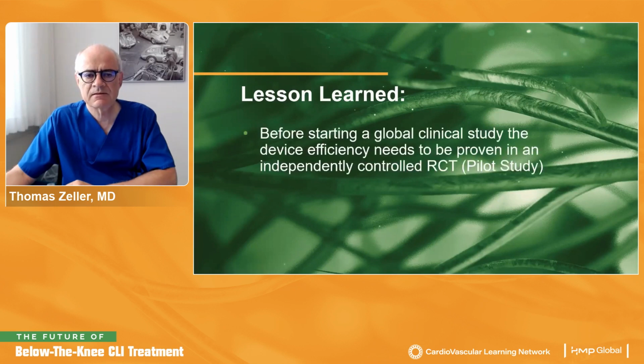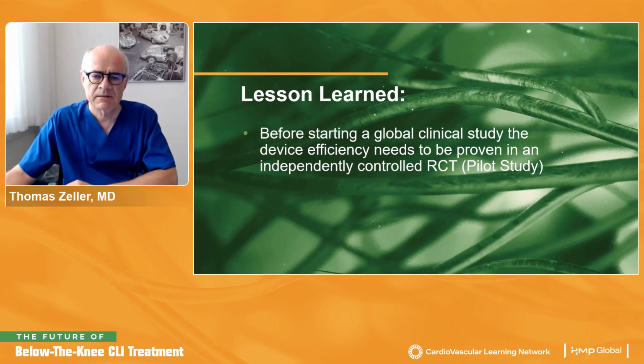So what are the lessons learned? Before starting a global clinical study, the device efficacy needs to be proven in an independently controlled, randomized controlled study. So a pilot study looking at late lumen loss and patency is vital in my opinion.